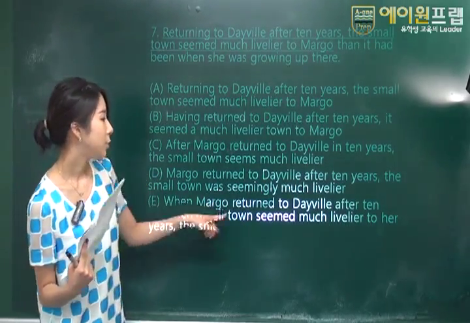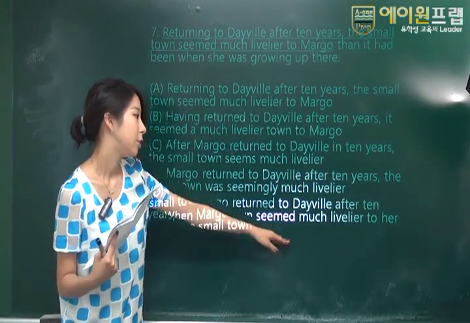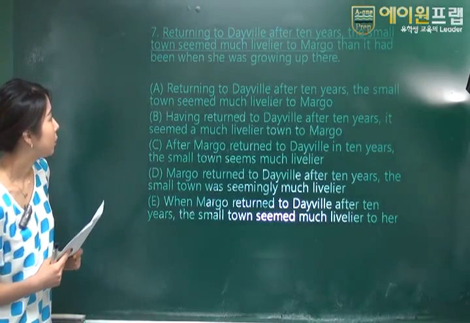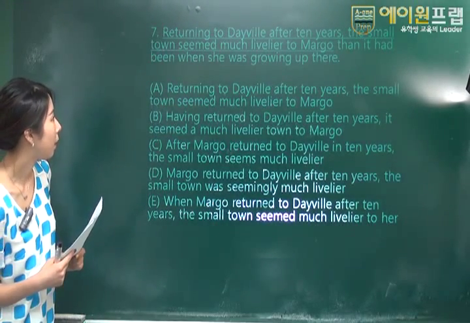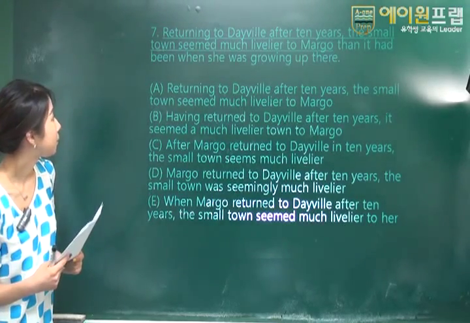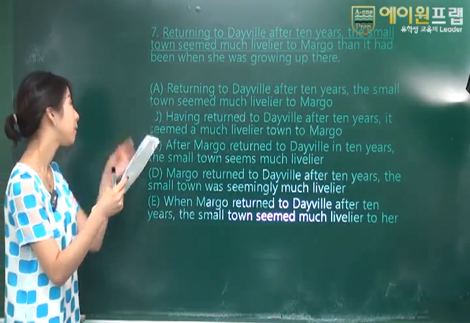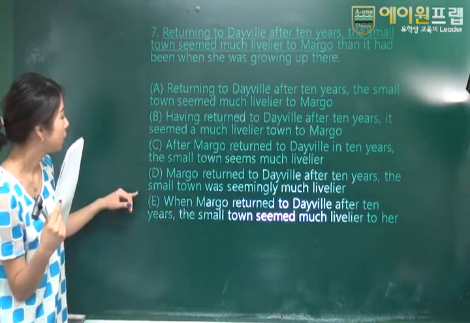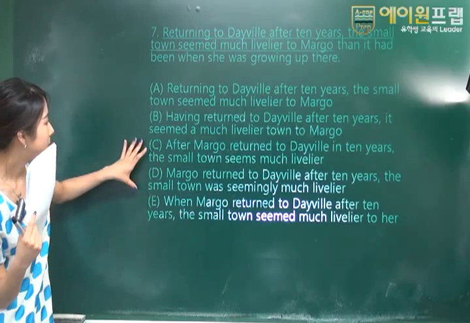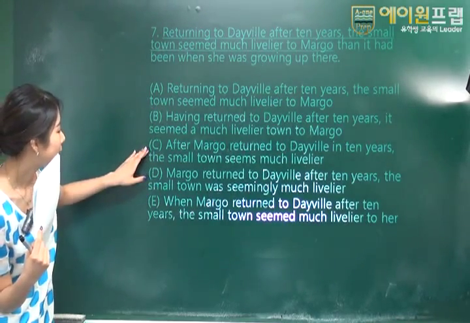And E: When Margot returned to Dayville after 10 years, the small town seemed much livelier to her than it had been when she was growing up there. Okay, it sounds okay. So let's look at C and E. What is the problem?